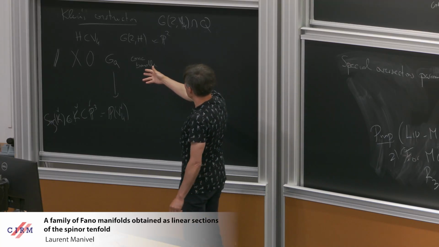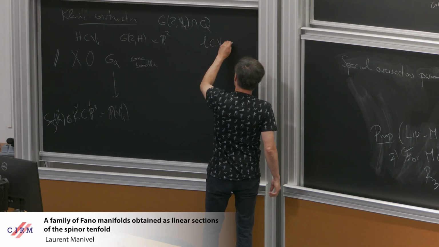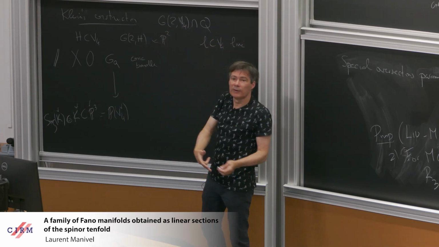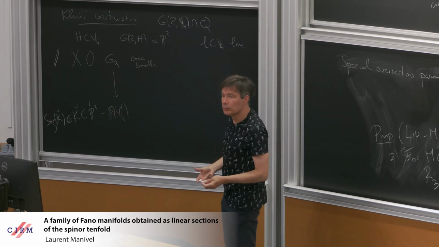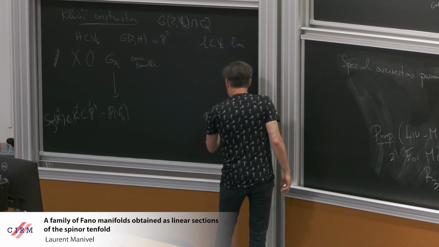And of course, there is a symmetric picture. If you take a line in V4, then you can look at the two-dimensional spaces containing this line. This is again a P2, so you have the same construction over PV4.